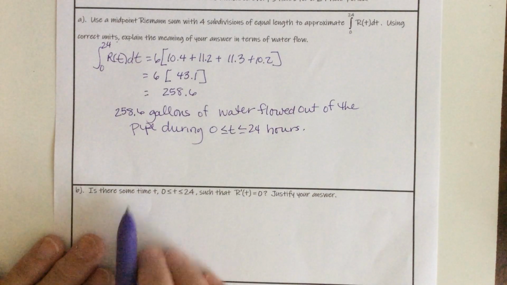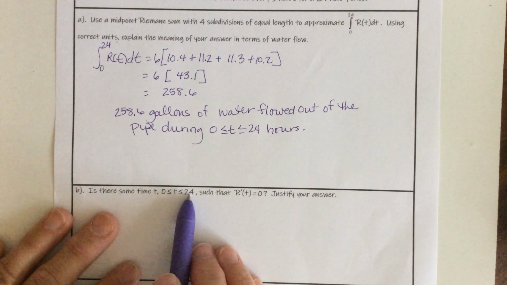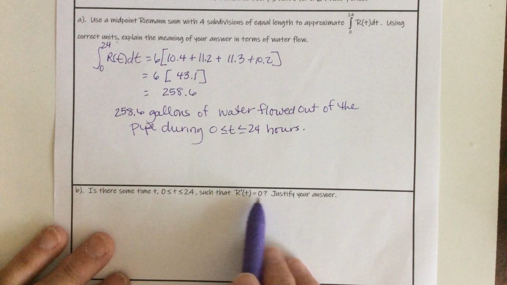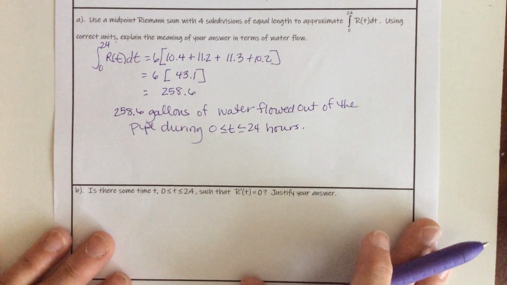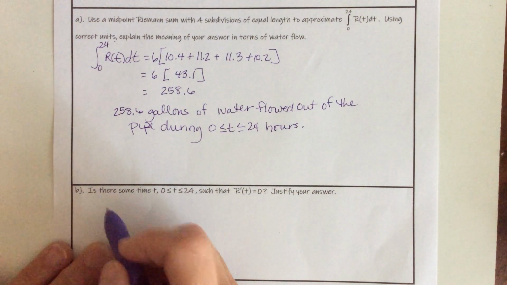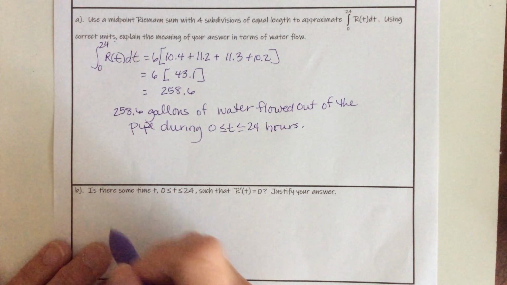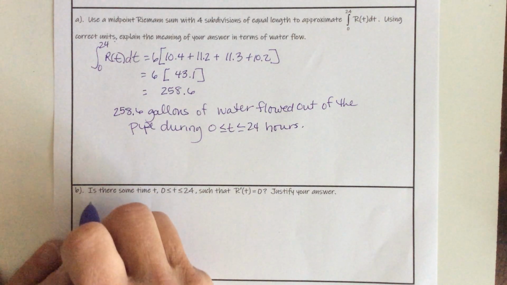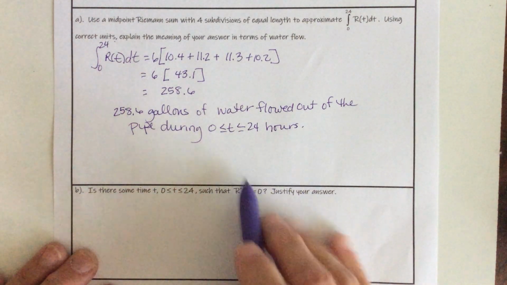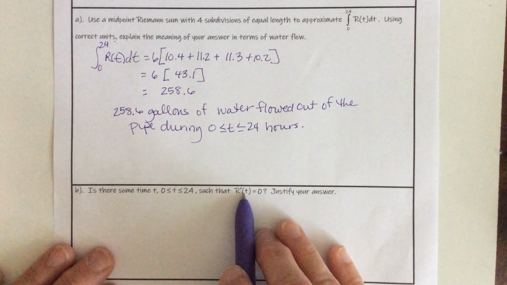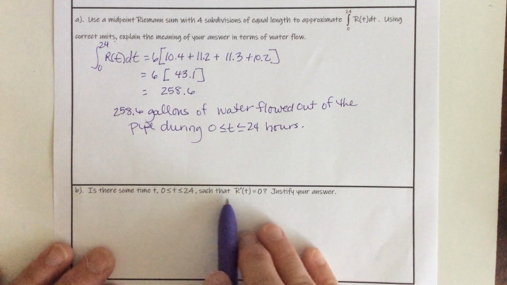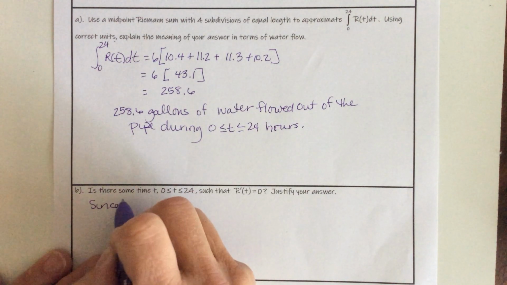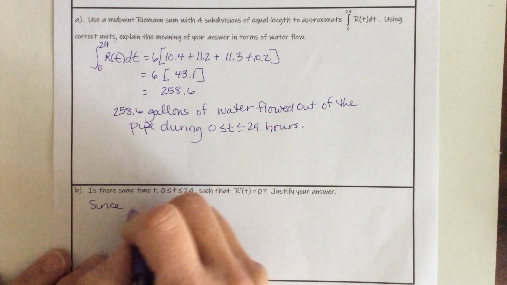The B part says, is there some time, 0 to 24, such that R prime of t equals 0? Okay, so let's see what we have here. R of 0, this is referring to the mean value theorem. And so what do we know about R of 0?